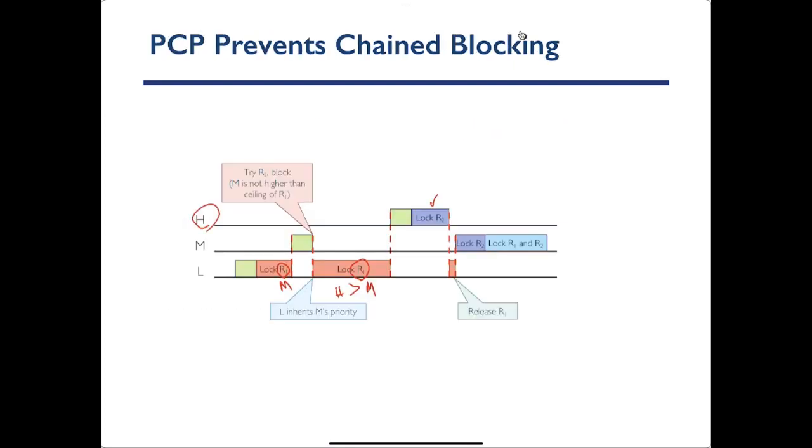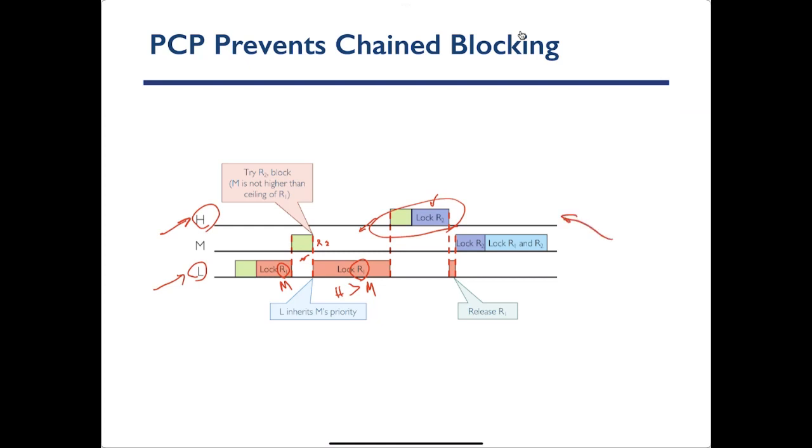So this prevents chain blocking, because chain blocking was happening when M was able to lock R2, and then H would get blocked by M, where M was blocked by L. Now, in this case, H is not blocked by L, so H can run without getting blocked by a low priority task, which is what we wanted, right?